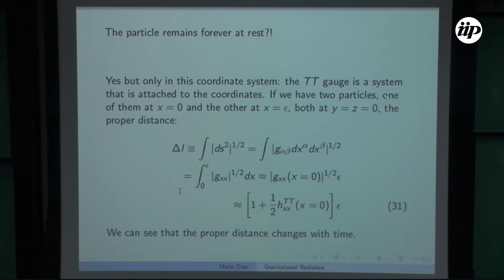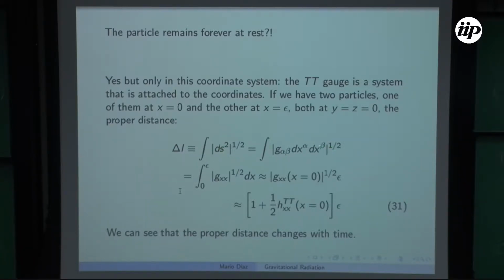If we have two particles, one of them at x0 and the other at x epsilon, and of course both we can take at y and z 0, then the proper distance between these two particles is given by integrating the square root of the line element.